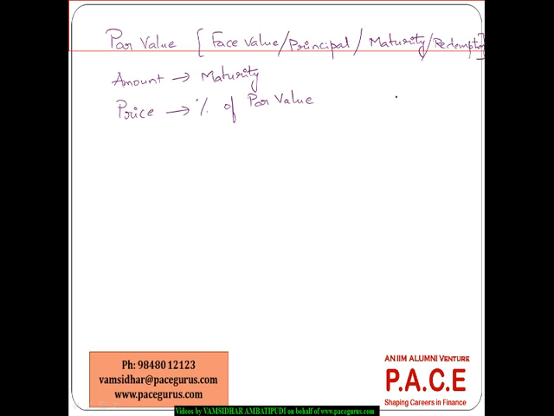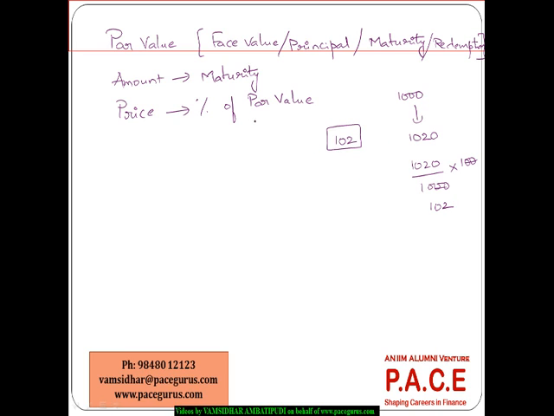So if the par value is 1000, and currently the bond is being sold at 1020, the way it is quoted in the market is 102. It is quoted as a percentage of the par value. 1020 divided by the par value of 1000, expressed in terms of percentage, comes out as 102%.